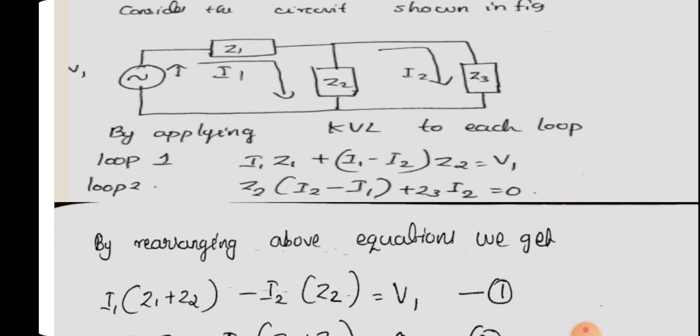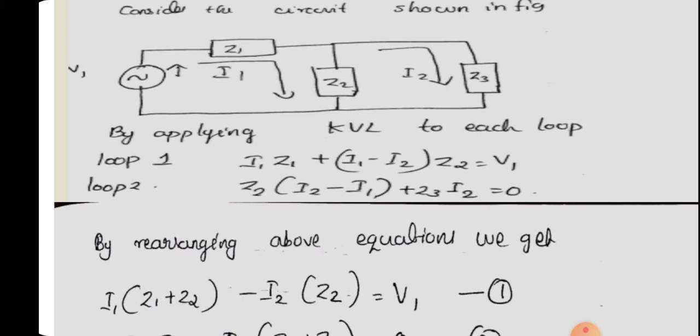We can rearrange the equation as I1 into Z1 plus (I1 minus I2) into Z2 equal to V1. You know how to apply KVL. Starting from the point V1, the current moves through Z1 and then through Z2, and then comes back to V1, that is, the current direction is clockwise. KVL states that the algebraic sum of voltages will be equal to 0.